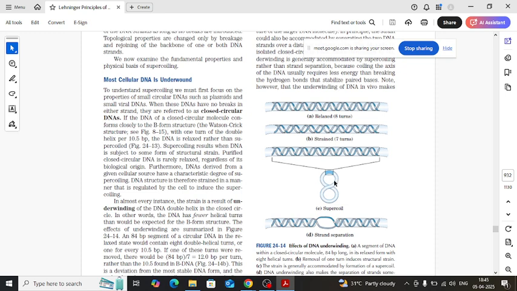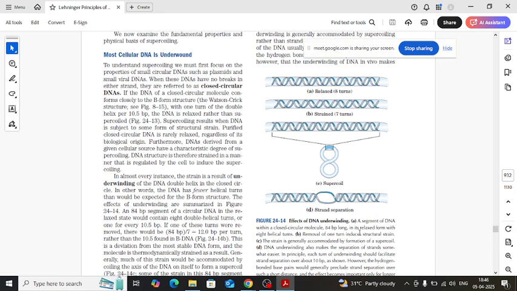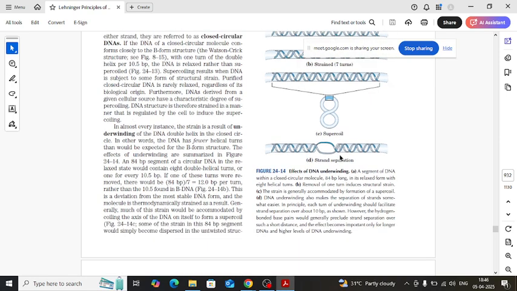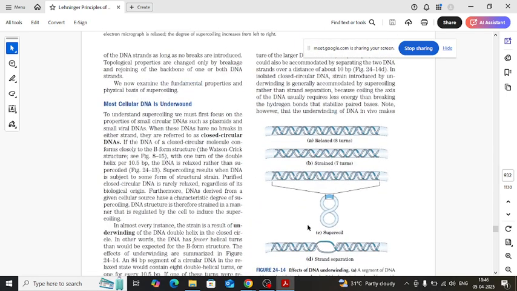See, the second strand has passed the first strand one time here, and that is called a supercoil. So this strain of reduction of one turn is accommodated by the formation of a supercoil.